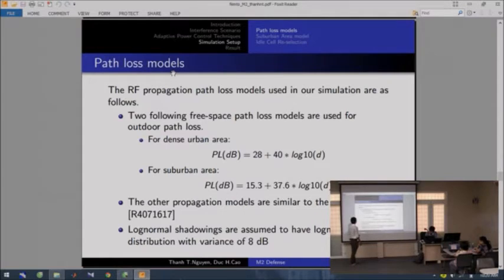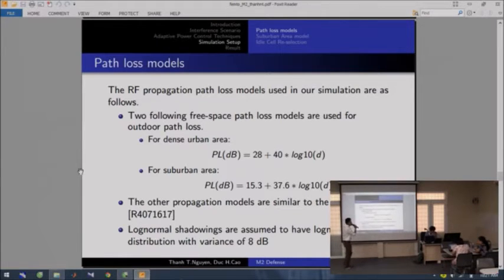Next. In order to implement the algorithm, we need to consider and use some models in the simulation. The first model is the path loss models. For the path loss model, we use the path loss model proposed in the document of 3GPP.